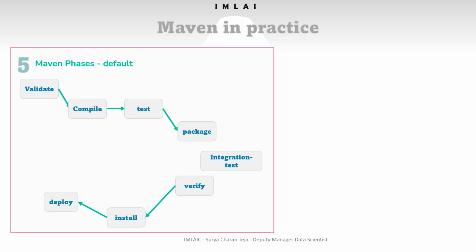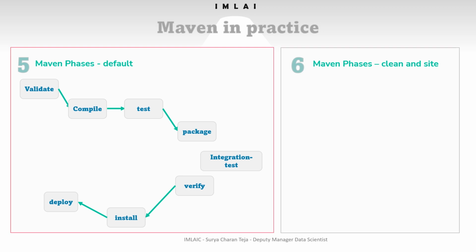There are two other Maven life cycles beyond the default. One is clean, which cleans up artifacts created by prior builds, and the second one is site, which generates site documentation for this project.